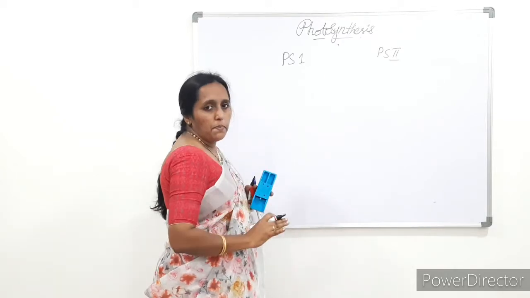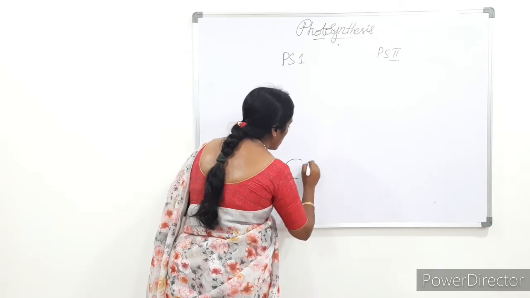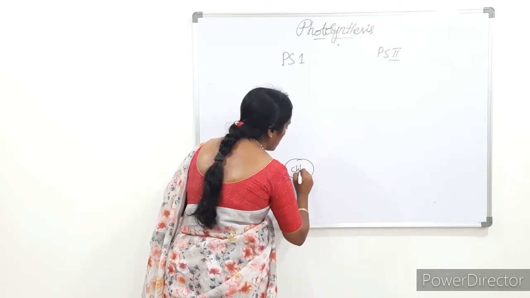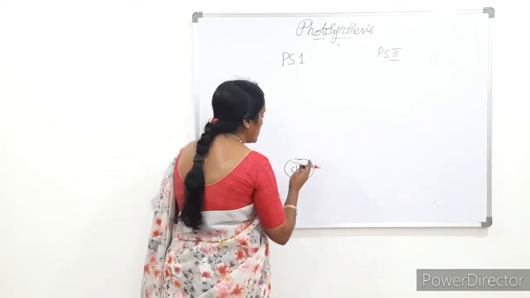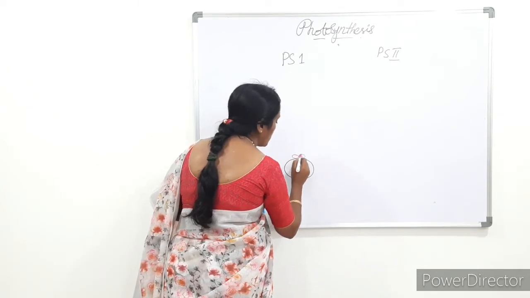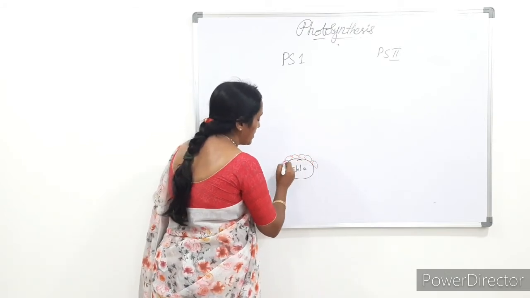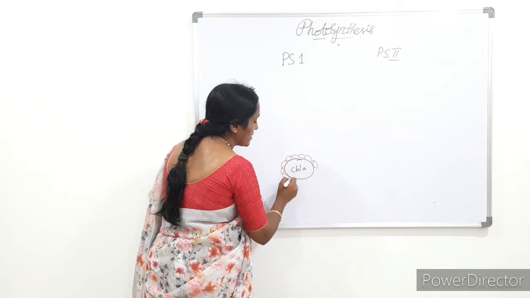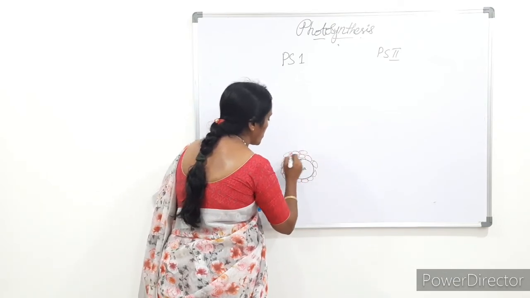Whatever the system may be, it has a chlorophyll A, which we have already discussed, and this single chlorophyll A is surrounded by many pigments that we have already discussed in the structure of the quantasome.